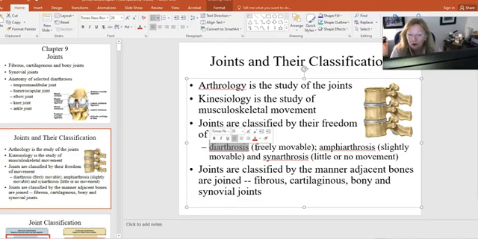There are some joints that have very slight movement, though, and those are referred to as amphiarthrosis or amphiarthrotic joints. And then syn as a prefix means without. So synarthrosis means no movement or very little movement, nothing that you could really see.